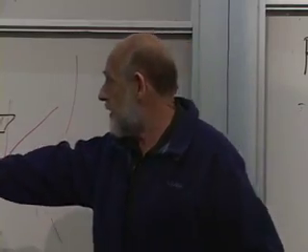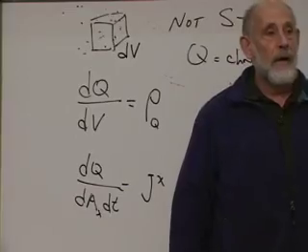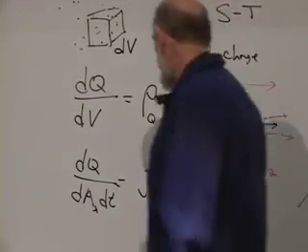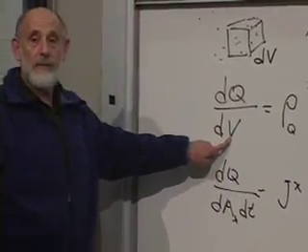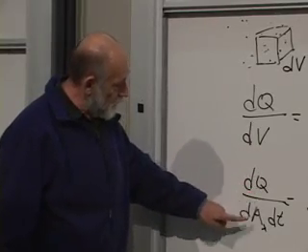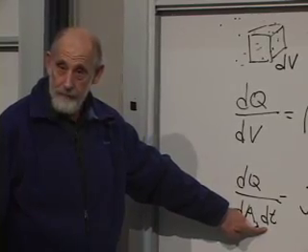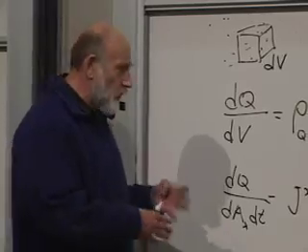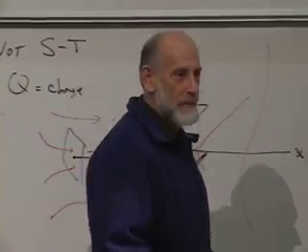So how many units of length are in the denominator here? Also 3. The only real difference between these is here I have charge per unit 3-dimensional space-like directions. Here I have charge per 2 space-like, 1 time-like direction. So these are clearly closely similar kinds of things, charge per unit length cubed, if you like.